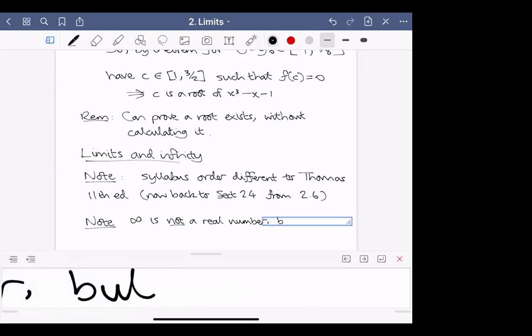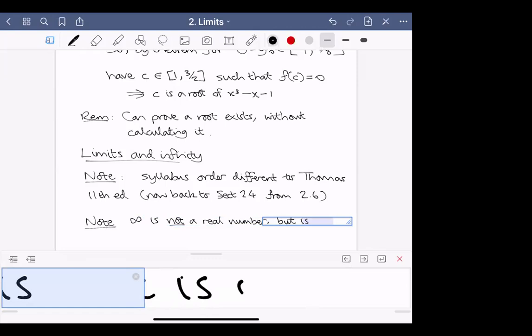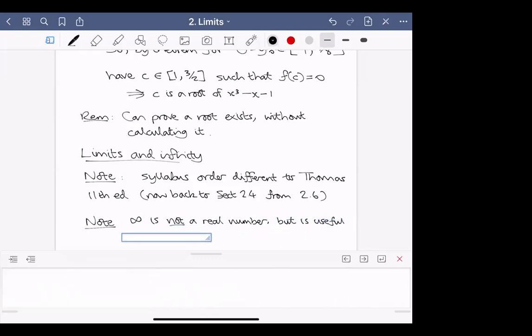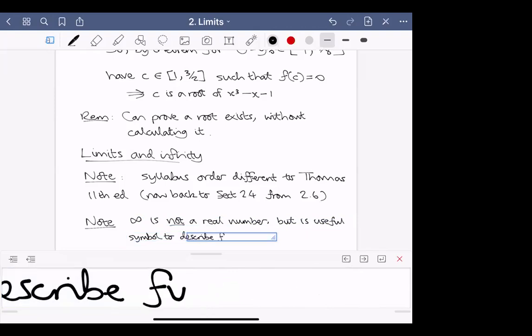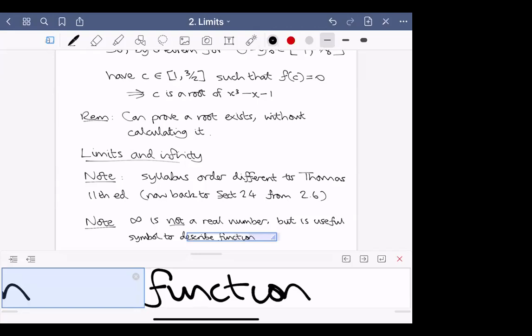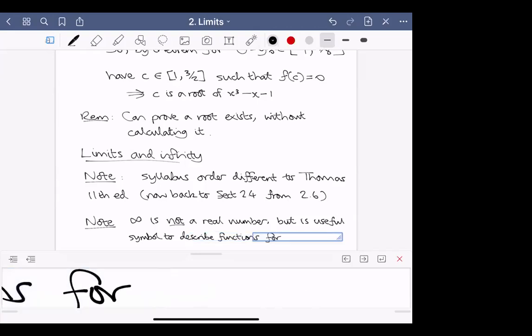But it's a useful symbol to describe functions for large x.